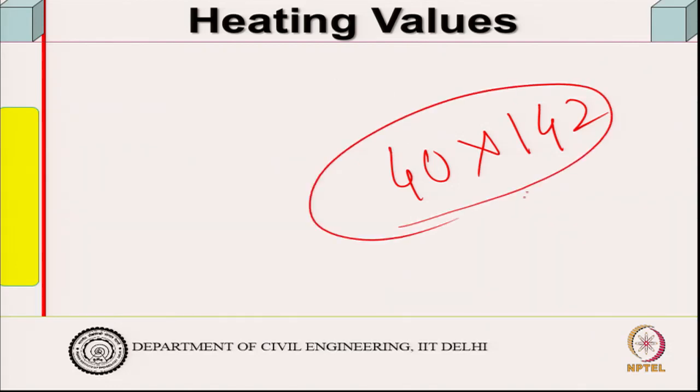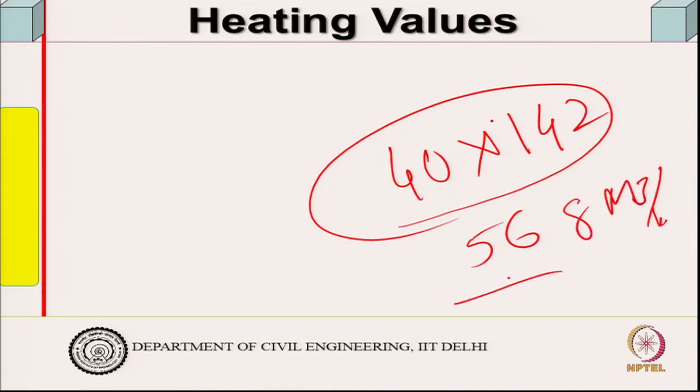So, 40 into 142 megajoules per ton, or if I am trying to find it per kg, it will be something like 56 point something megajoules per kg of cement. So, that is the energy consumed for clinkerization anyway.